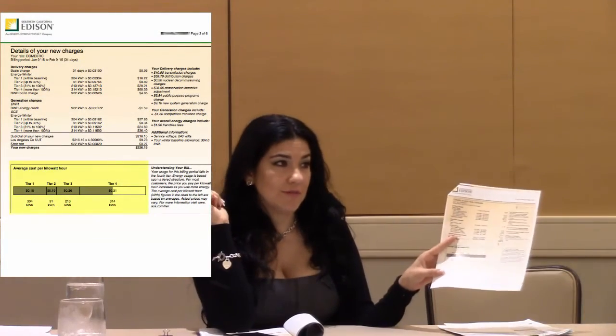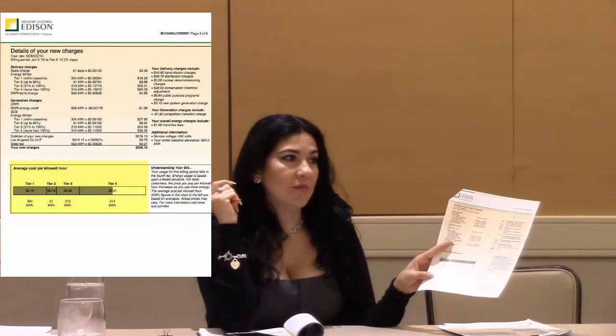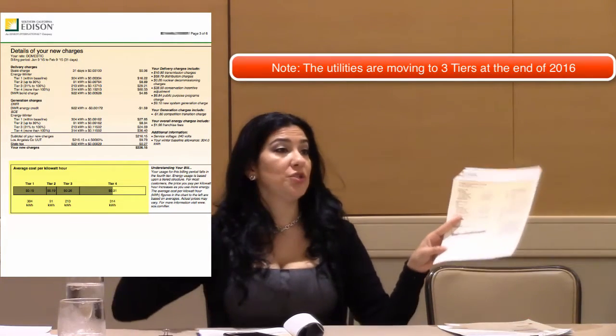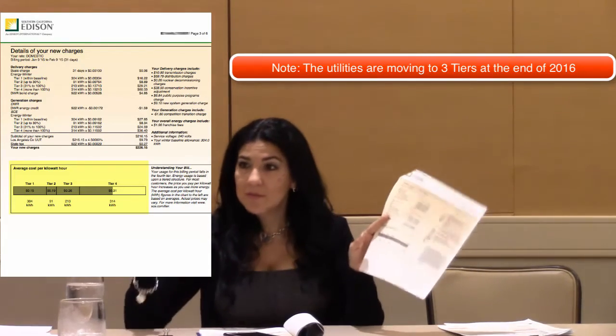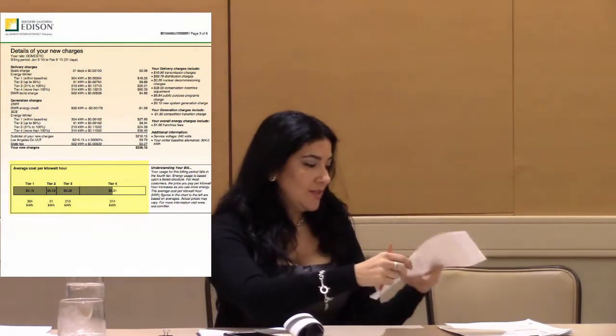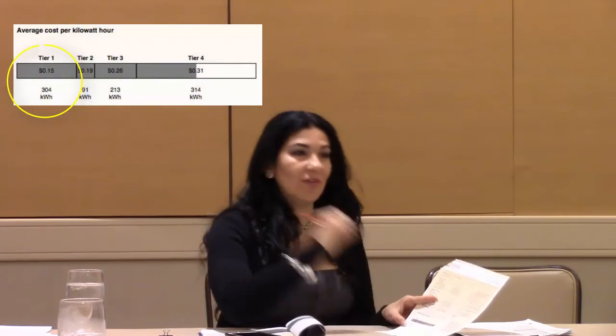So, okay, let's talk about the tiers. Have you ever heard about tiers? There are 4 tiers, okay? All the utility companies have 4 tiers, and depending on how much you use, that's where they put you. Tier 1 is the cheapest one of all.